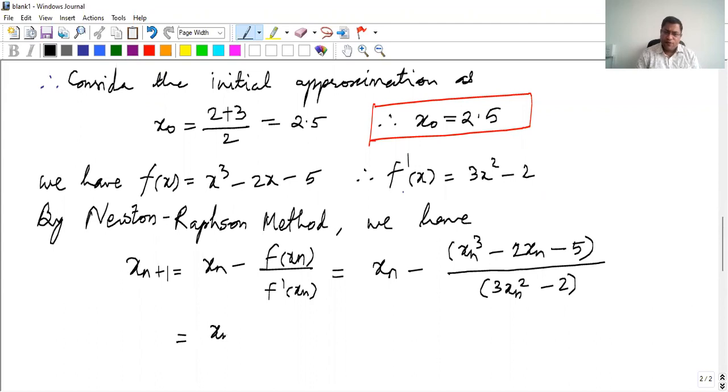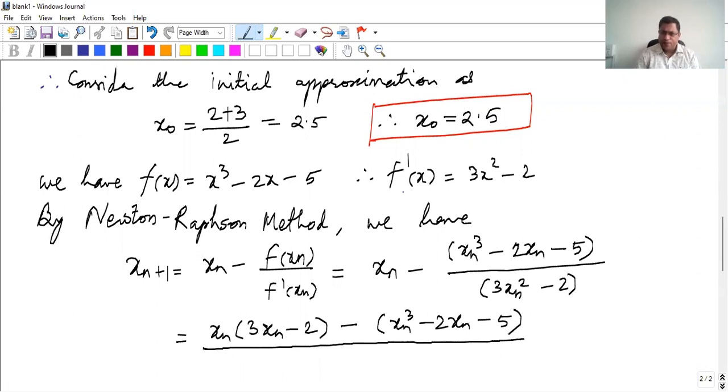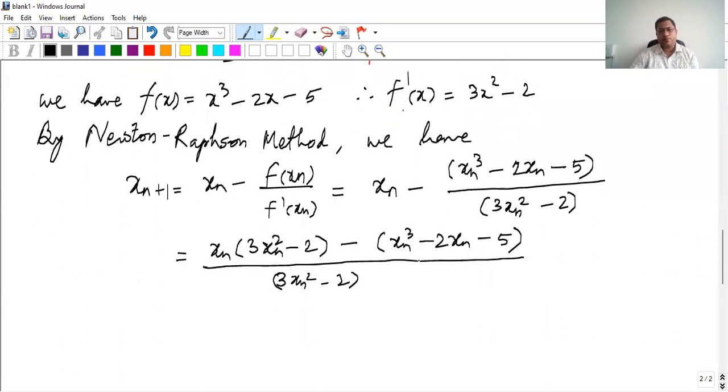So we can have xn into (3xn square minus 2) minus (xn cube minus 2xn minus 5). It will be over 3xn square minus 2, right? In the first term. Yes.